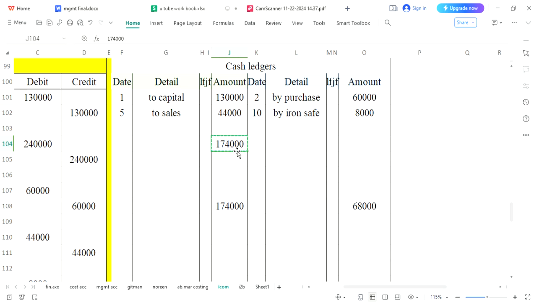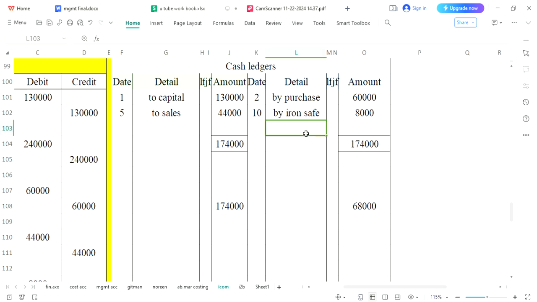Again, understand, first you will see the total of both sides, and then you will choose the larger sum, and larger sum would be written on total of both sides. First, sum of both sides, larger amount you will take, and you will put on total of both sides. Then third step is to choose smaller side.